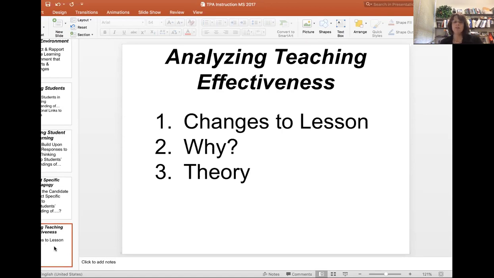Okay, and this is an opportunity where you're going to include theory again. It's the 5th rubric of task 2, and that's where you're going to make some connections to theory. So what is theory? Support your explanation of how you think the changes that you want to make are going to affect student learning, and what does theory say about that?